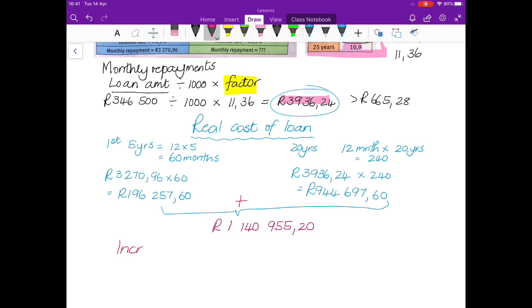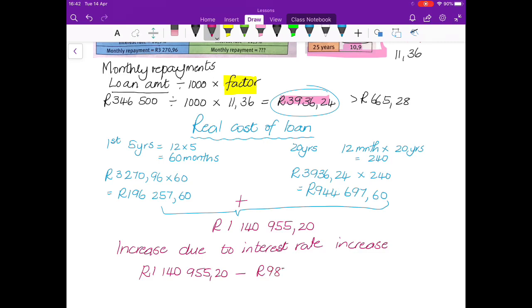If we work out the increase due to the interest rate increase, remember, we're going to take our new value, 1,140,955.20, minus what we found yesterday, working in the ideal world, that the home would cost: 982,198 Rand and 8 cents.